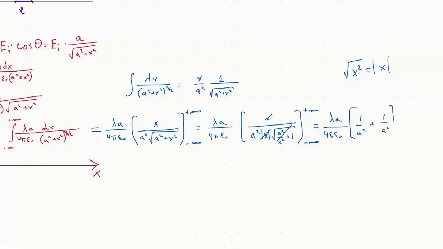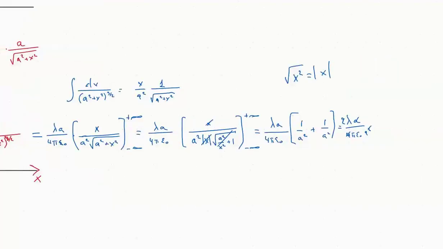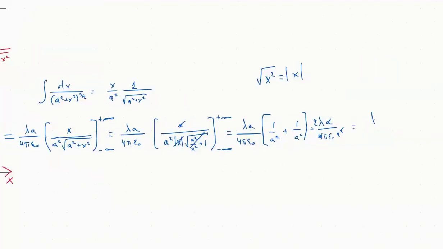And then I get 2 lambda a over 4 pi epsilon naught a squared. A cancels, 2 cancels, and I get lambda over 2 pi epsilon naught a. Ta-da. Yes, I got it. No mistakes.